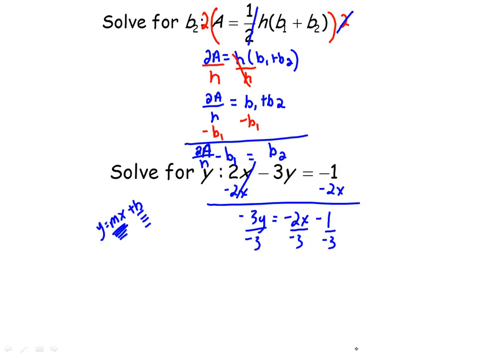So this goes to 1. That's good. So we have y is equal to, watch, negative divided by negative is a positive. And you're going to have 2/3 x. Again, negative divided by negative is positive, plus 1/3. So you have y equals 2/3 x plus 1/3.